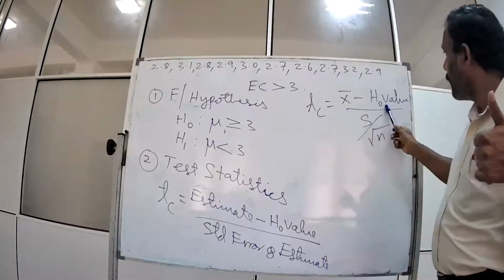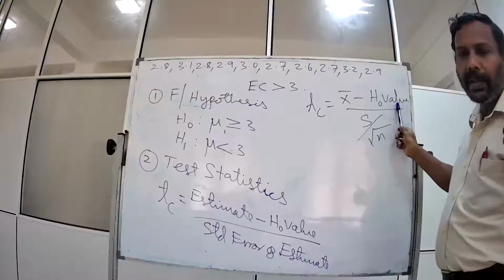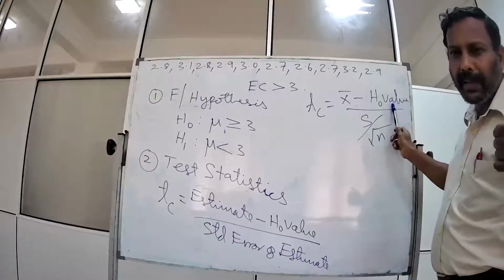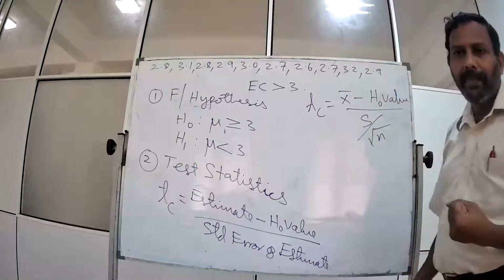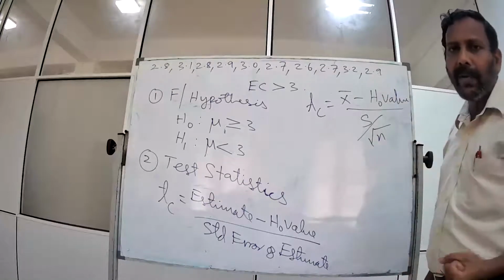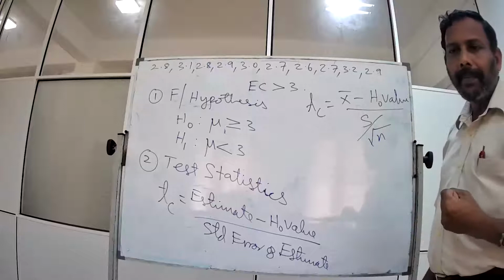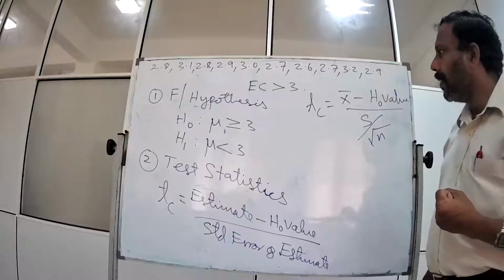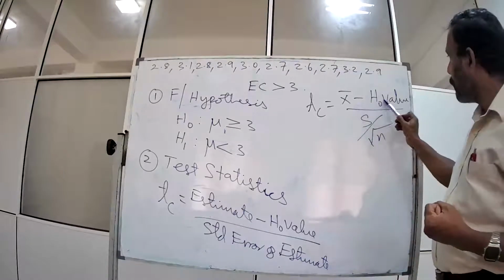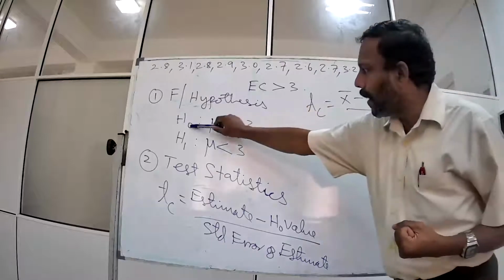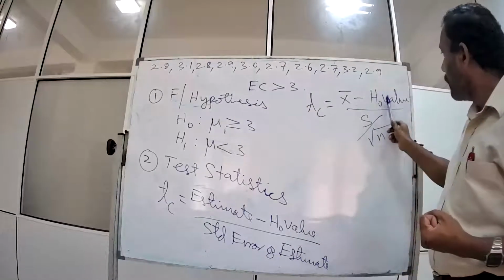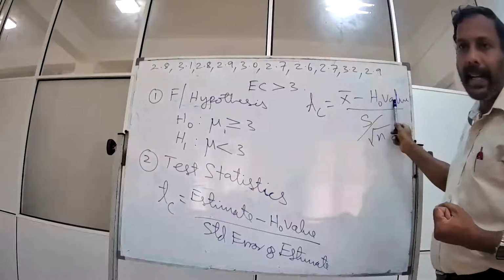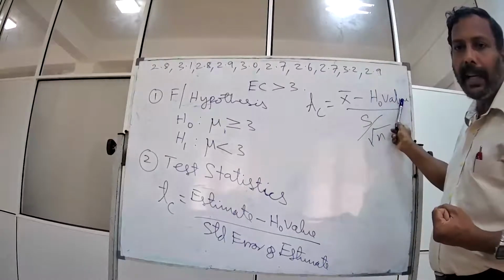What is this X naught value? The null hypothesis value. We are going to test against a particular value. What is that value in this example? It is 3. The null hypothesis value is 3.